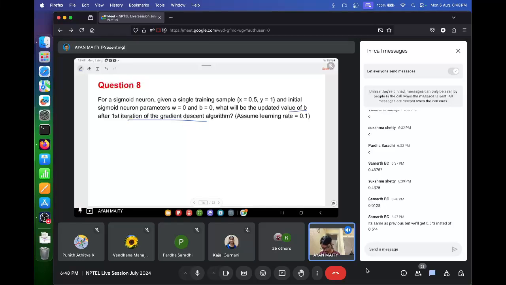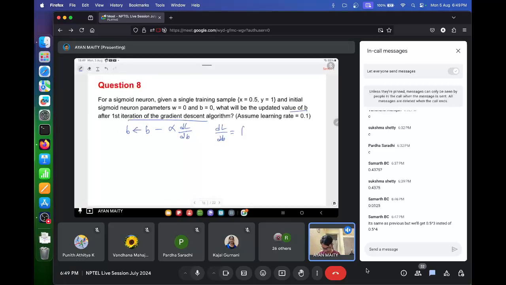Similar to w, the bias term is updated as b equals b minus alpha into the derivative of the loss function with respect to b. Now this derivative of the loss function with respect to b is very similar to the derivative of the loss with respect to w. The only difference is that it will not contain the x term at the end.